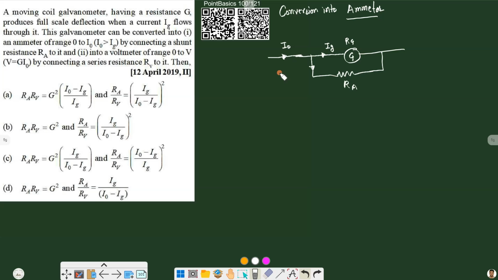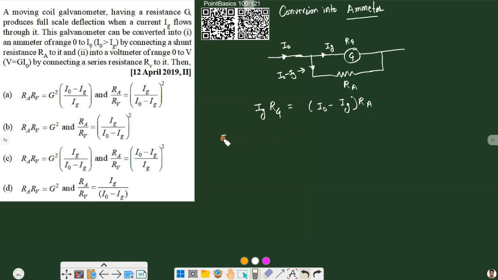So the remaining current will be I node minus Ig. This will be the current through the Ra arm. Now, as both are in parallel, the potential across both of these should be equal. So potential across the galvanometer is current into its resistance, that is Ig Rg, and potential across Ra is equal to current into resistance, so I node minus Ig into Ra.